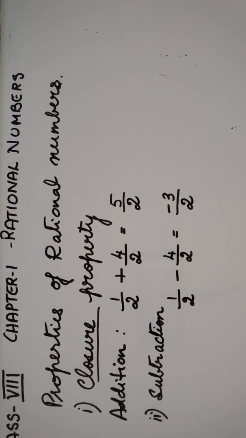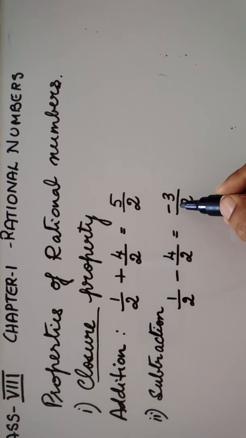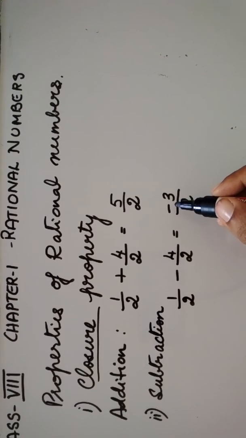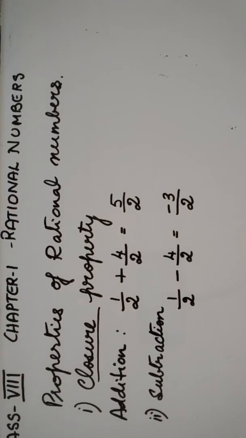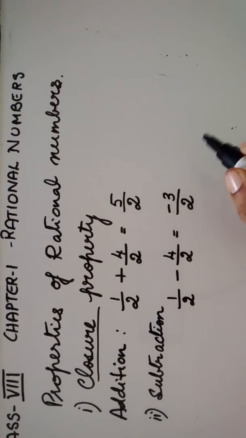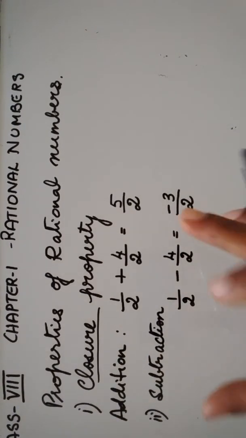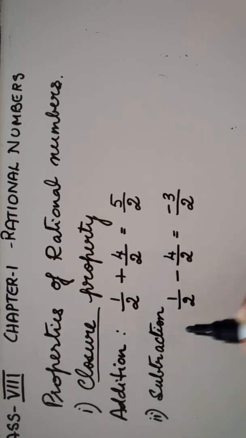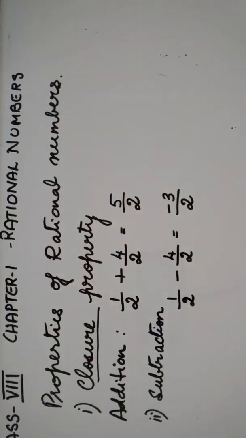So here I've got a negative number, that is a negative rational number. So rational numbers can include integers which are positive or negative. So closure property is applicable for subtraction. Is this clear, students? Okay.